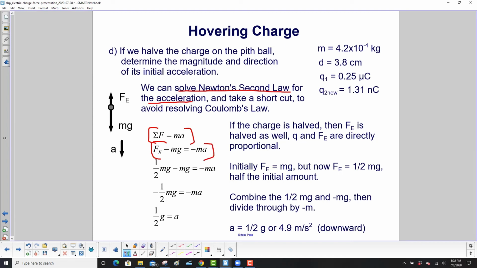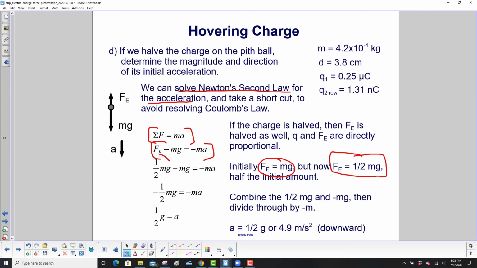Now we halved the charge. That means that the electric force is halved as well, because q and the electric force are directly proportional. Originally, the electric force was equal to mg, right? Because it was hovering, it wasn't moving. But the electric force is now half of the original electric force, so what is it equal to? Half of mg.